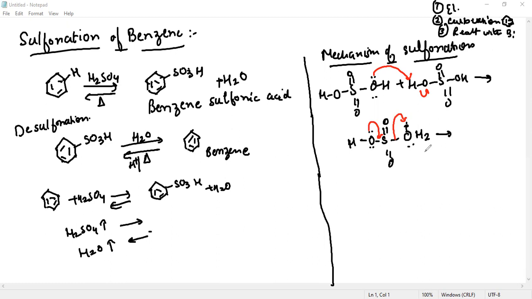So what will happen, you will have S, this double bond O, this double bond O, this already left, so I will draw here H2O, okay? And then this moved here, making a double bond O here, so I will draw it like this, and there is an H here, right?